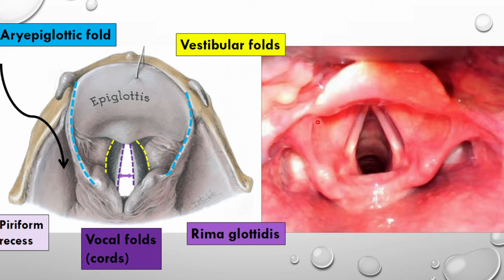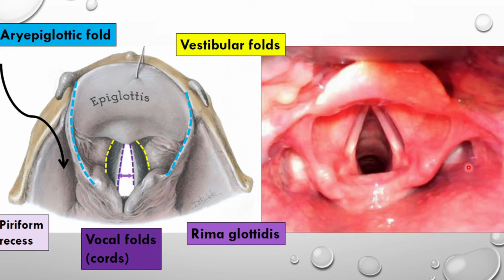So what we're looking at here, this area behind, is the laryngopharynx, and what we can see is there are two depressions, two little areas of the laryngopharynx that are surrounding your larynx here.